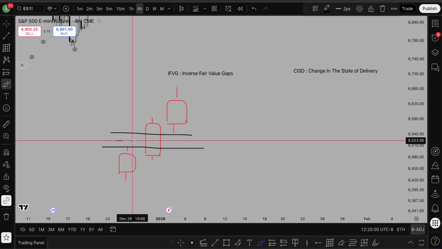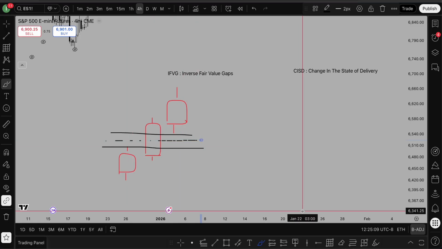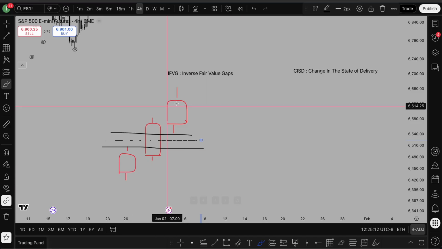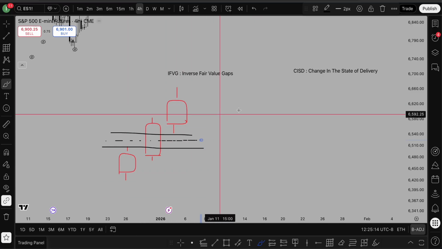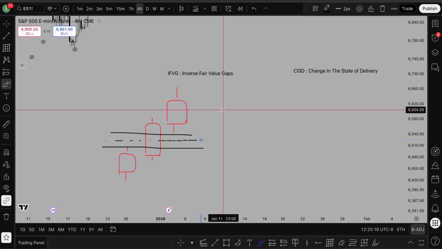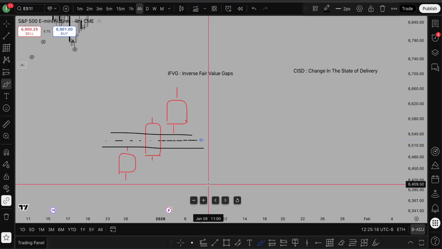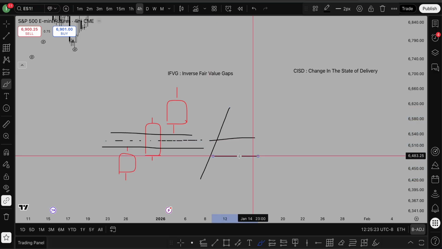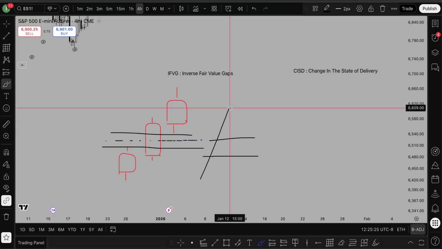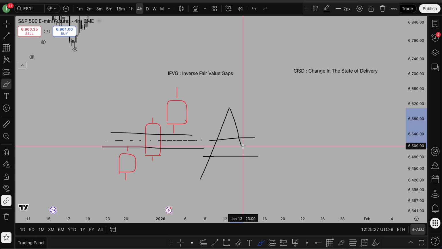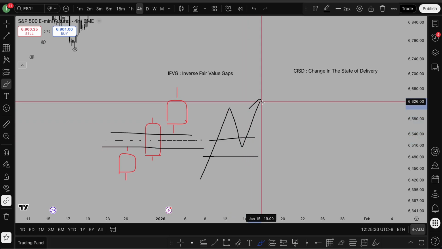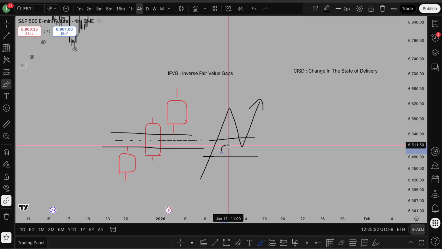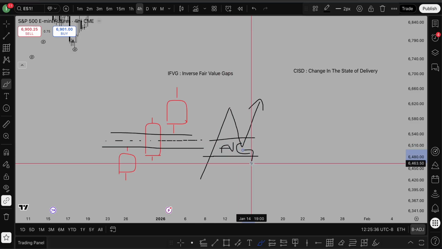Then we have our dashed line, right? Okay. Now, an inverse fair value gap is, when, in this case, if this were drawn out with a line, we have the gap right here. Now, a fair value gap is just when price bounces out, like so. Okay, this is a normal fair value gap. So I'll mark it out by FVG.